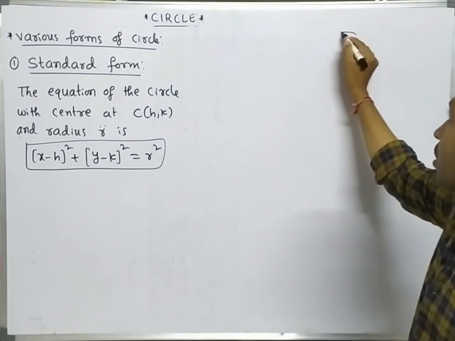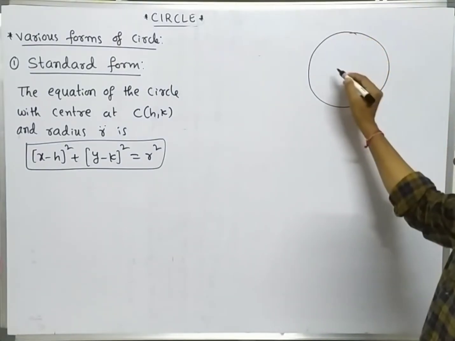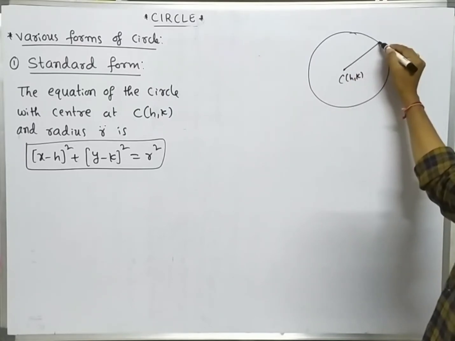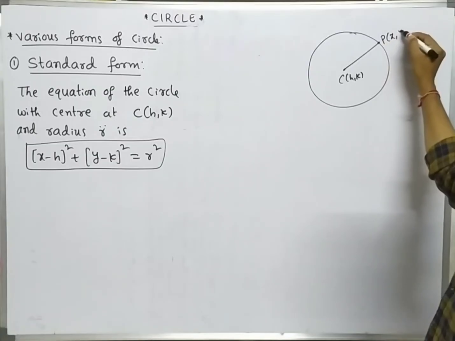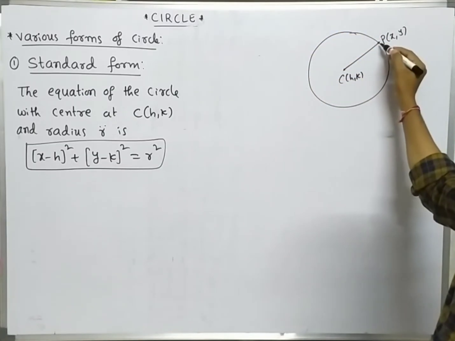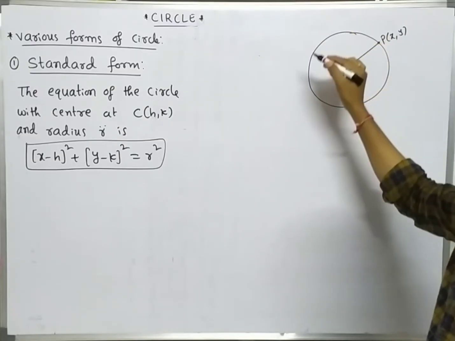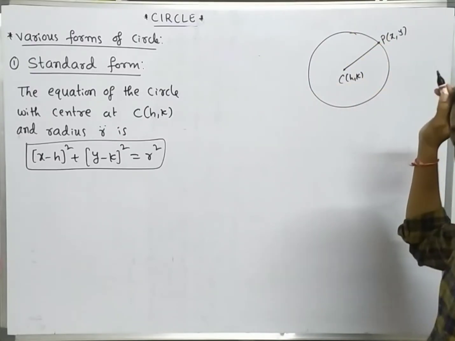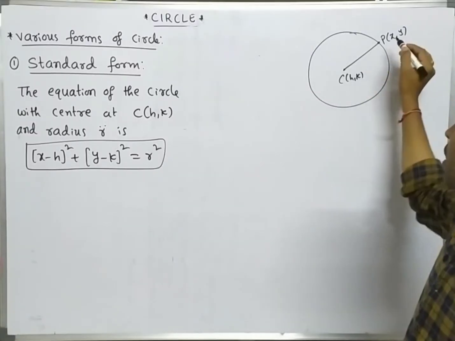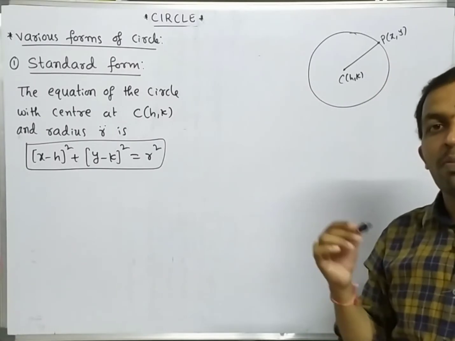If the center is (h, k) and P(x, y) is any general point on the boundary of the circle, from the infinitely many points, P(x, y) is the general point.